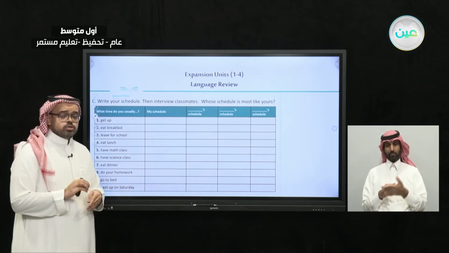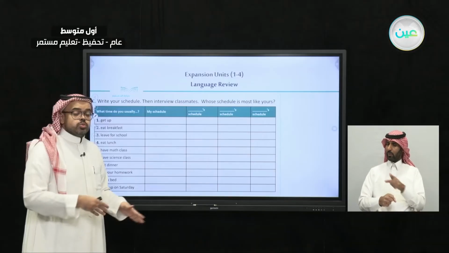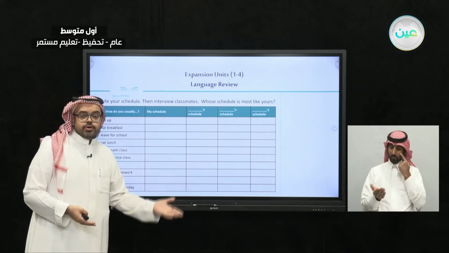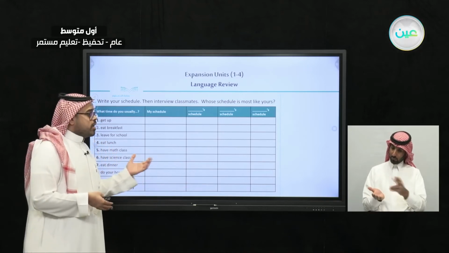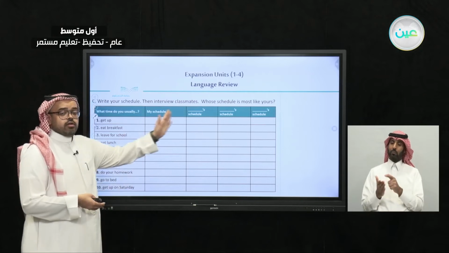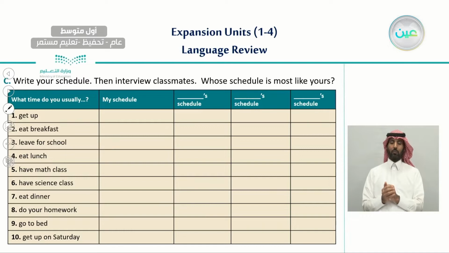What we need to do is write down the time that each one of us is doing those activities. When we finish, we'll go and interview other people, maybe a family member or a friend or even a classmate, and ask them what time they do these activities, and we write down the time here. So let's first read the activities.